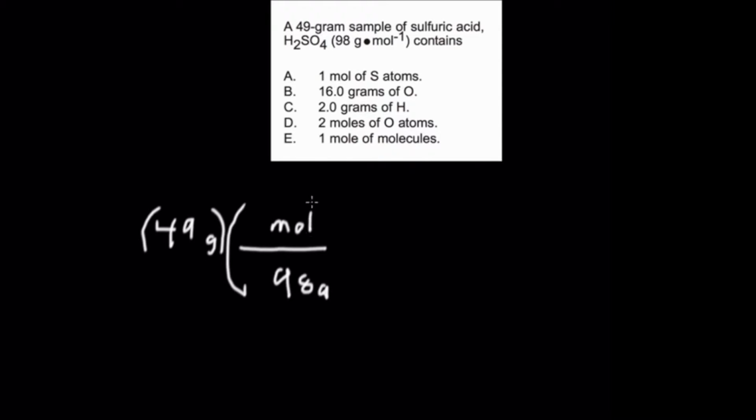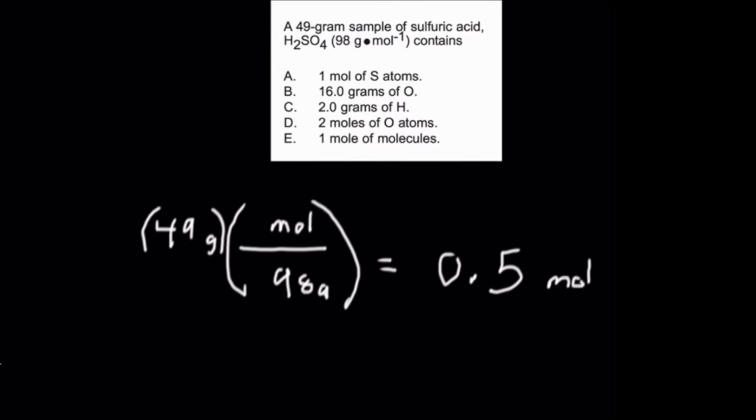We can punch this right into our calculator, or if you're a math whiz, you know that it's 0.5, half a mole. So we have 0.5 moles of sulfuric acid. So now, knowing this, we can go through and eliminate each answer until we can confirm the right one.